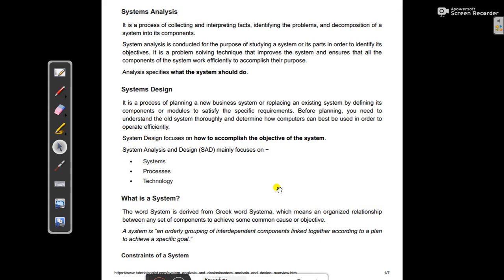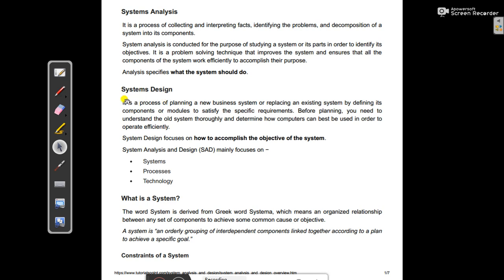In system design we basically try to focus on how to accomplish the objective of the system. It means for a system there might exist some objective.